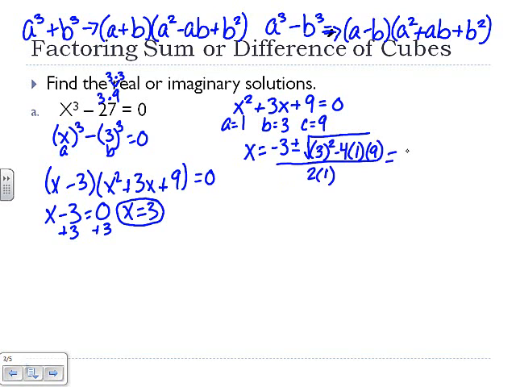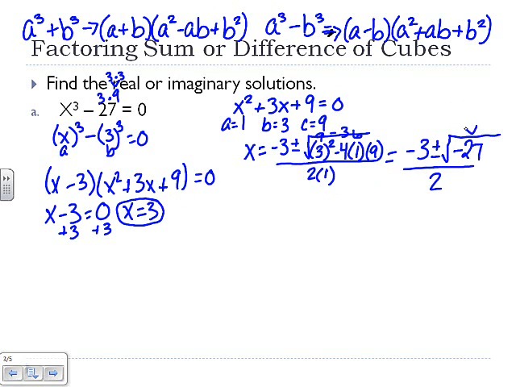Using our order of operations, we find that negative 3 plus or minus the square root of 3 squared is 9, and 4 times 9 is minus 36. So 9 minus 36 makes negative 27, all over 2.